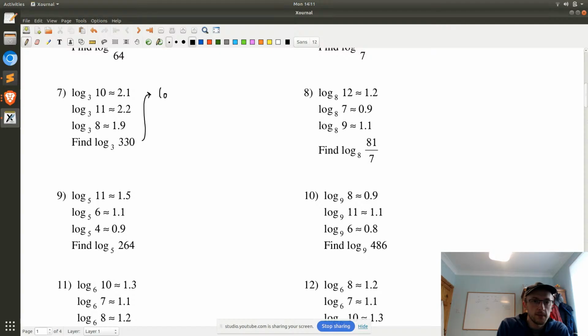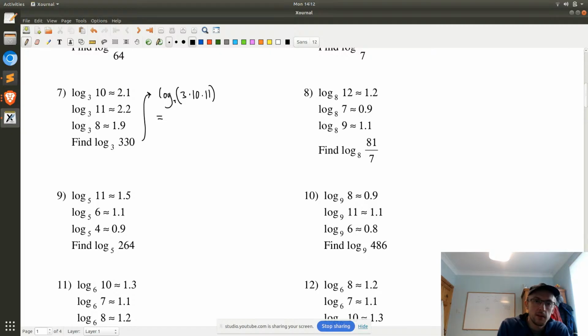So that we know is, what actually is that? Well, it's 3 times 110, which is 3 times 10 times 11.